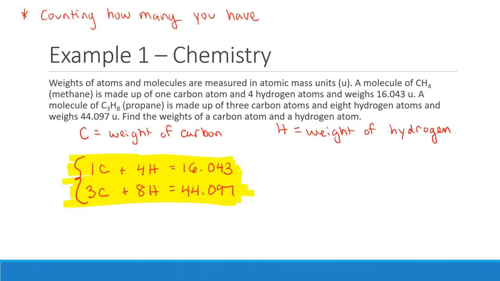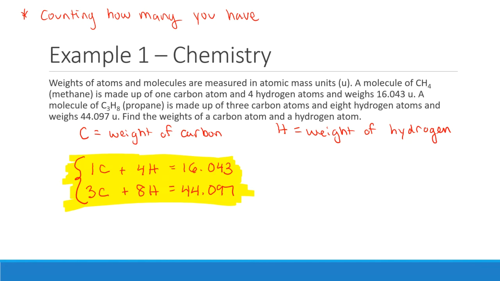Every time you have a word problem, you have to give the system before you do anything. You need to make it clear, what are you solving? What are the equations that you're solving? So that is the system, and this is for any problem where you're counting how many of something you have. Like, for example, there are the types of problems where you went out and you purchased, let's say, 5 apples and 4 oranges, and then you get a total cost.